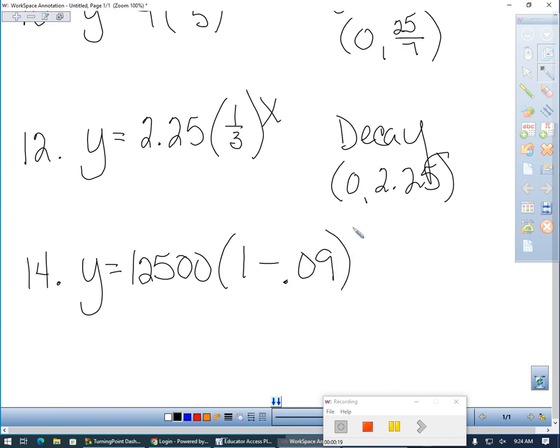We're going to raise that to the 5th power. So if you plug that into your calculator, you should get $7,800.40.